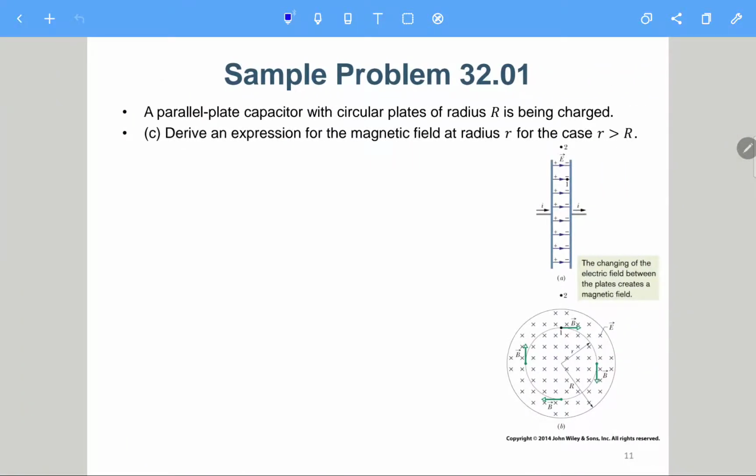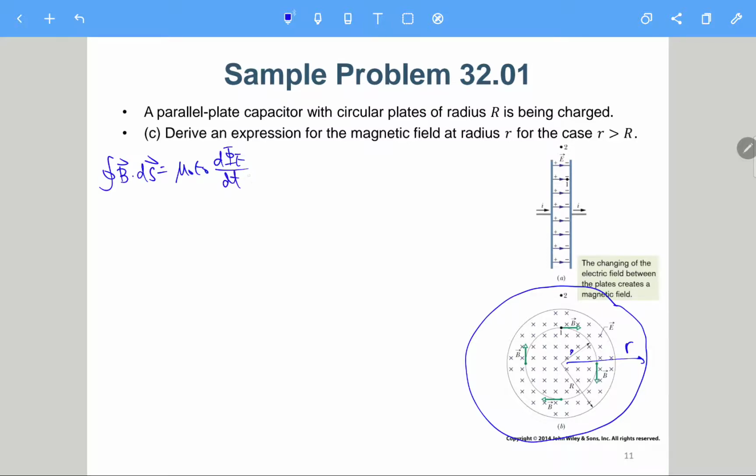Okay, so the next one is to derive an expression for the magnetic field when the radius r is larger than capital R. So we should include an Amperian loop like this. So now we have this outside rather than inside. Still we have B dot ds equals mu naught epsilon naught d phi E dt.